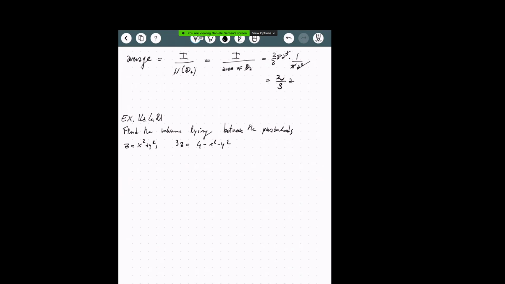Okay, so we have some paraboloids here. It will be something like this. And we want to find the volume. They will intersect somewhere here.